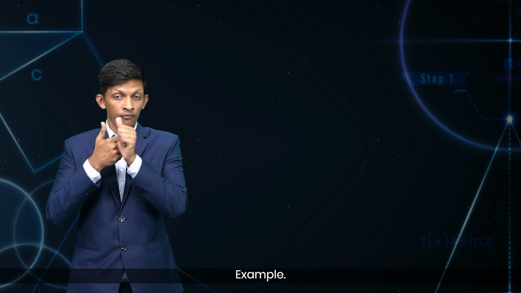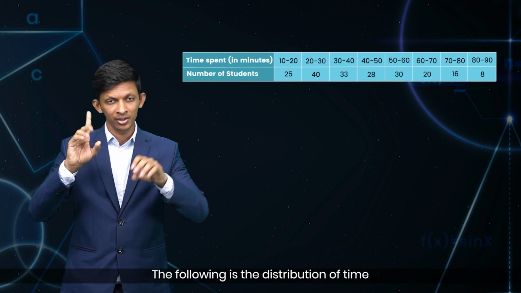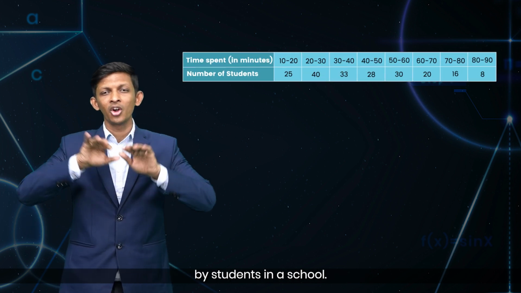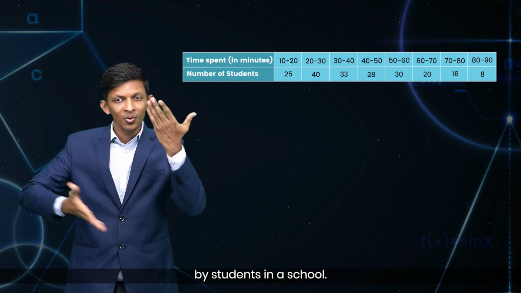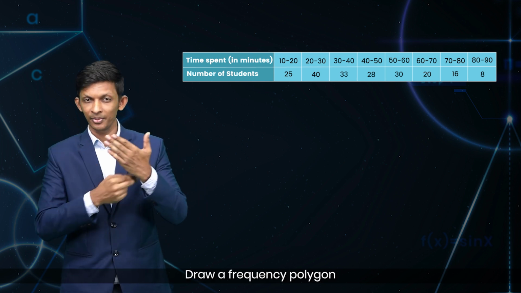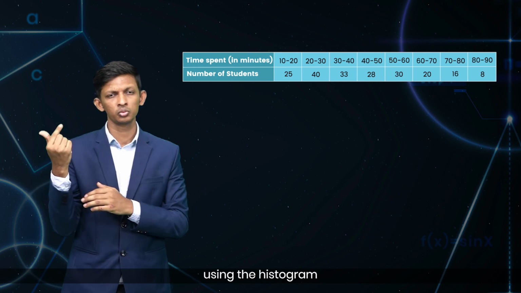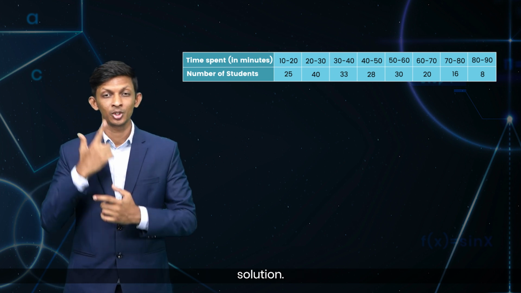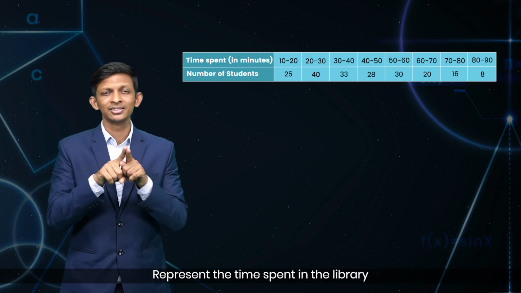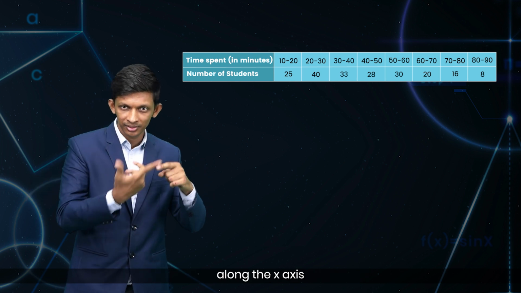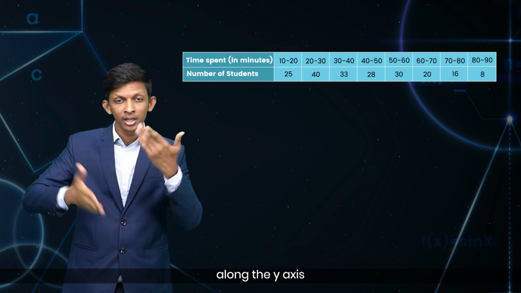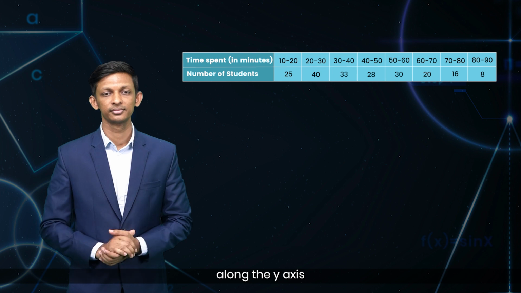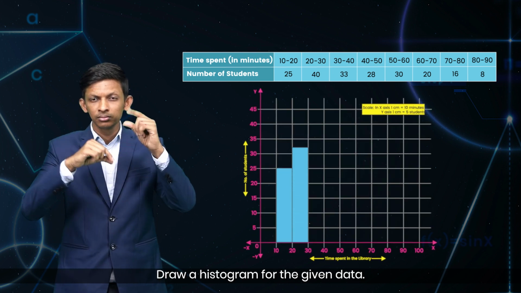Example: the following is the distribution of time spent in the library by students in a school. Draw a frequency polygon using the histogram. Solution: represent the time spent in the library along the x-axis and the number of students along the y-axis. Draw a histogram for the given data.